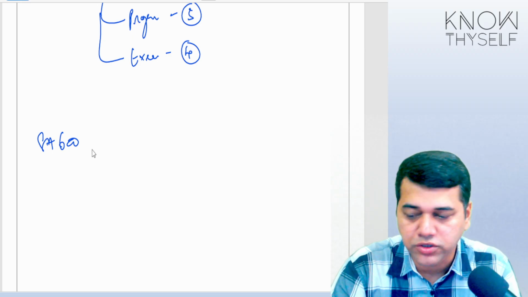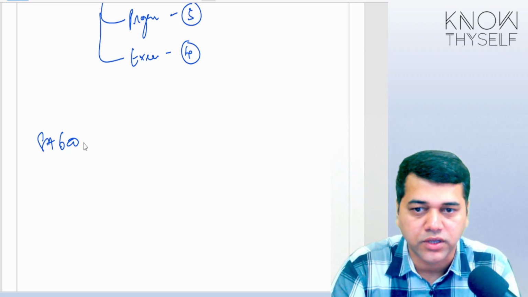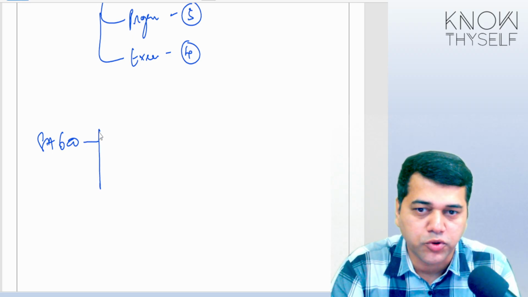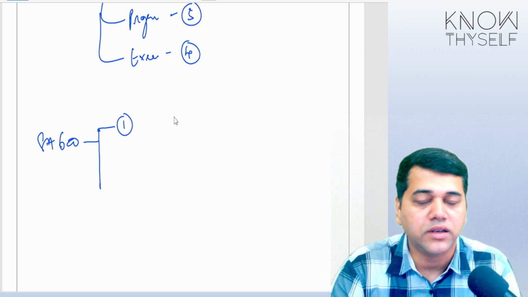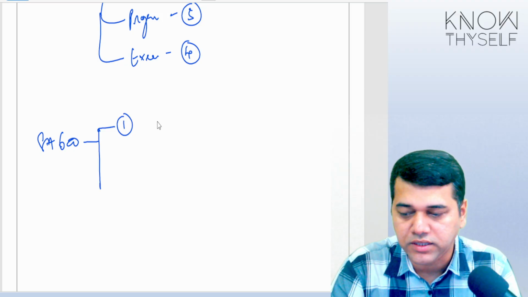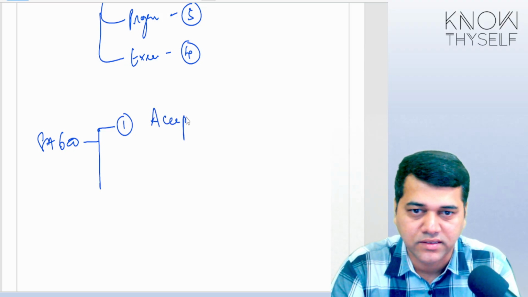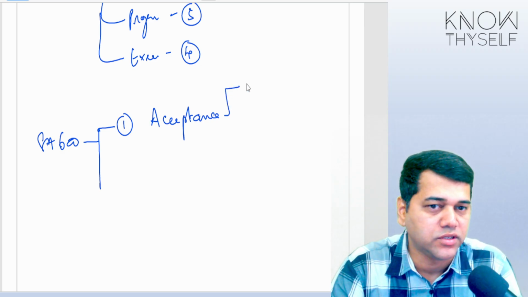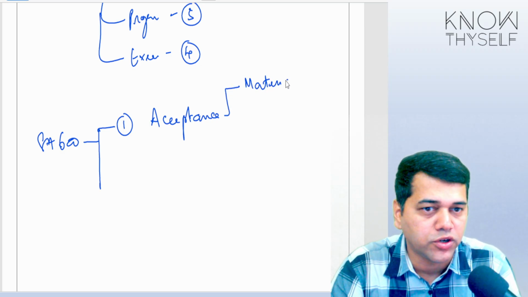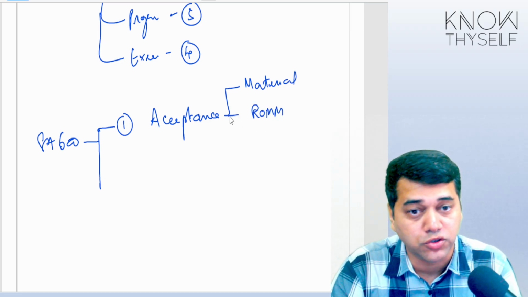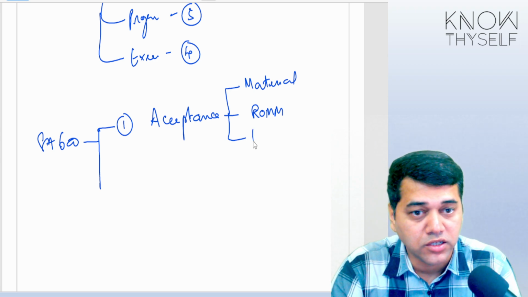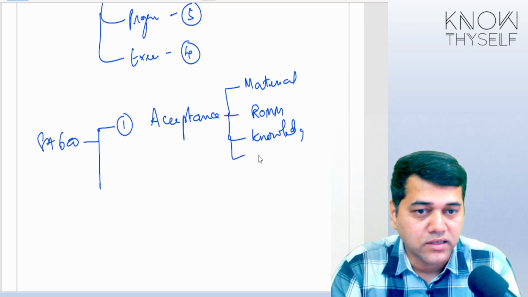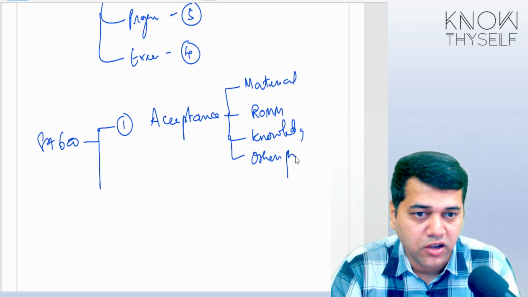So what is it that you need to do? What are your procedures? The first procedure is I need to evaluate whether I can accept the engagement as a principal auditor. What are the factors you consider? The materiality of what you are going to audit, the risk of the branch which you are not auditing, your knowledge about that branch, and other procedures of SA.